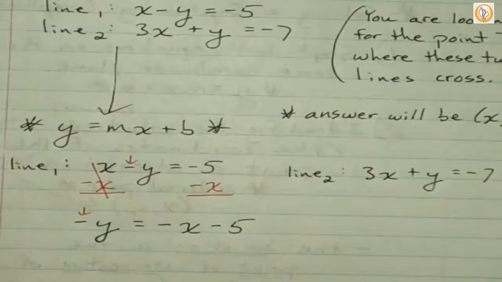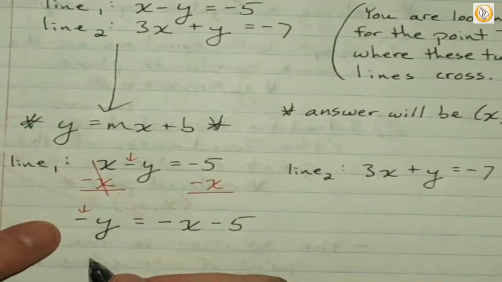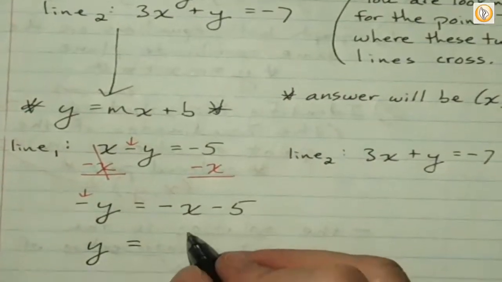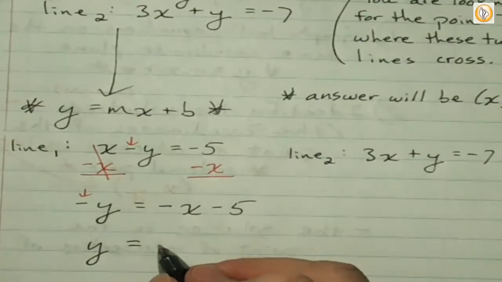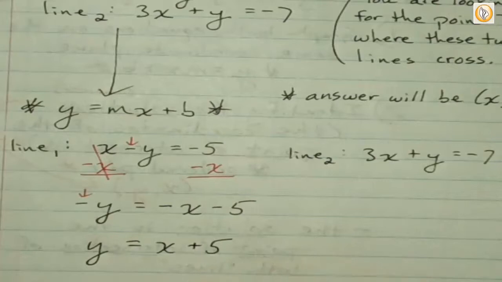Now what do you do? You multiply by negative 1 by everything. Because can we have a negative y here? No. So I have y equals what? y is equal to x plus 5. Plus 5. There we go.